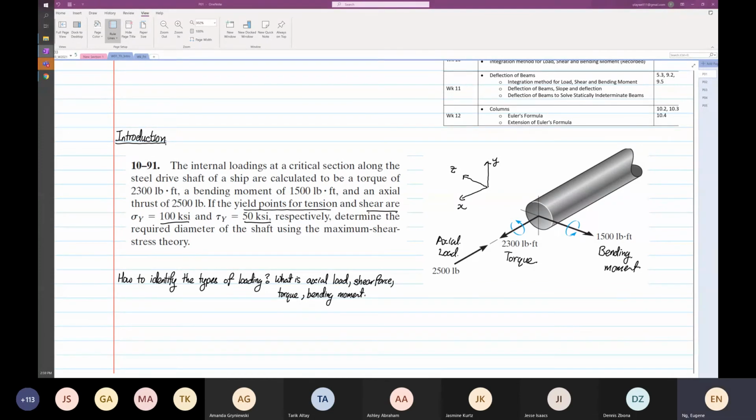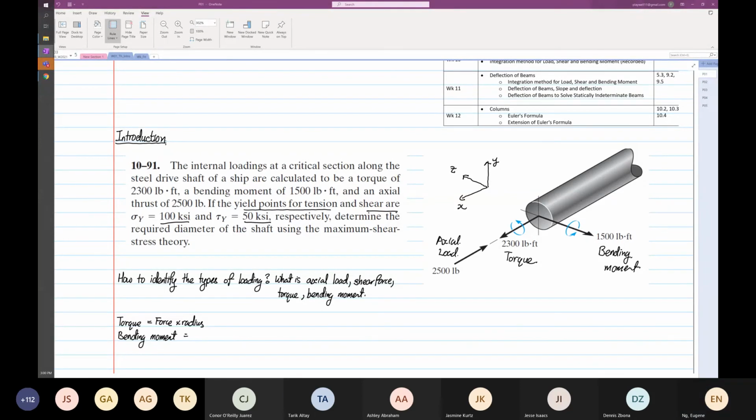I'll give you a typical example. Can someone give me the formula for torque, please? Anyone? Force times radius. Well done. Torque is equal to force times radius. And then what is a bending moment? What is bending moment equal to, please?